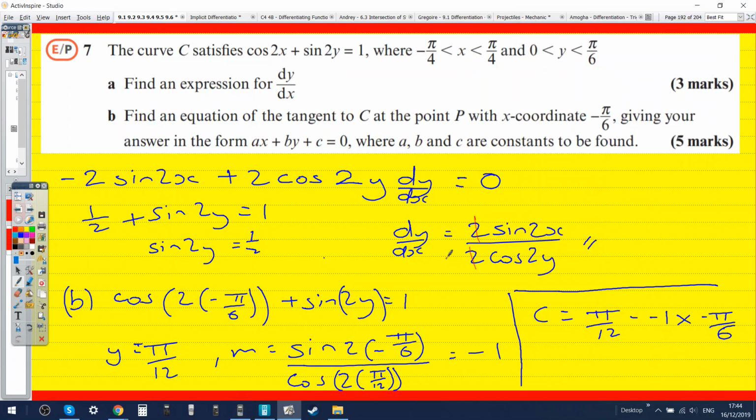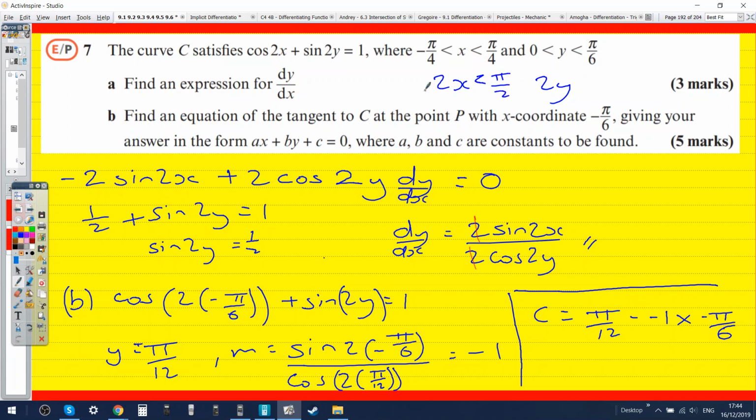What do I suspect is wrong here? I suspect it's this range thing or something. That's 2x, that's 2y. Yeah, that's the problem. Or is it? We're finding the primary value. Well, it's equal to pi over 12, so it shouldn't be. Oh, yeah, is that bigger than that?